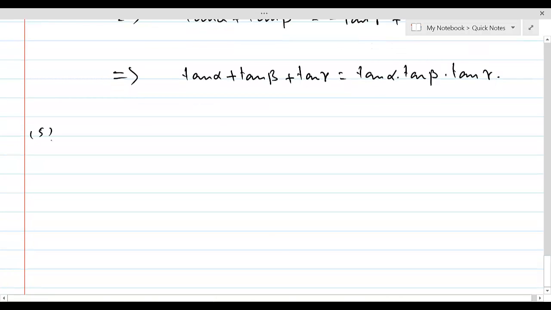Number 5. This time we are going to take alpha plus beta plus gamma, but in the question, because half of the angles are involved, from alpha plus beta plus gamma equal to 180 degrees, because this is the second part of the same question.